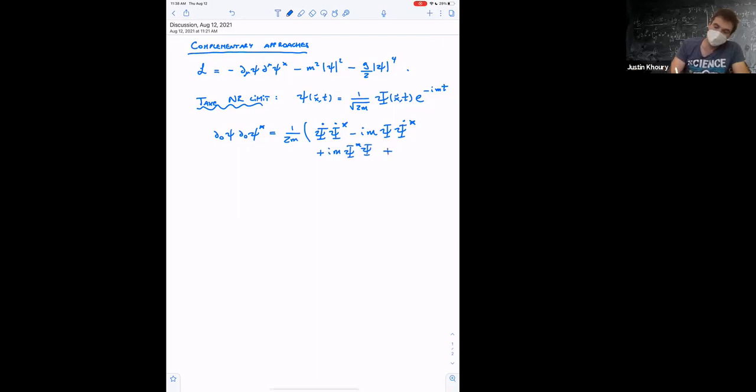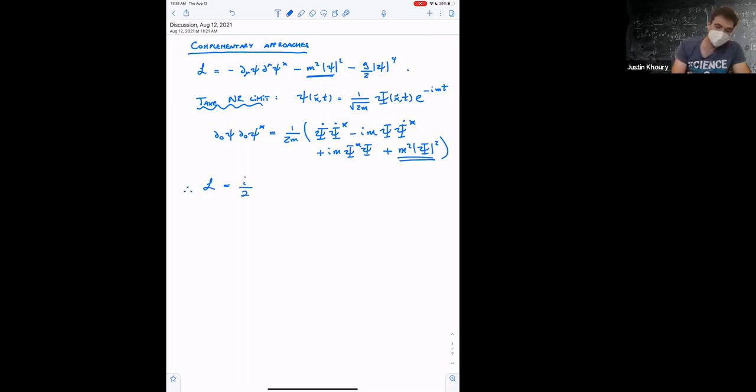Psi star, and then lastly, when the time derivatives only act on the phase, which gives you plus m squared norm psi squared. And this plus m squared norm psi squared, convince yourself, will precisely cancel the minus m squared term in the Lagrangian.